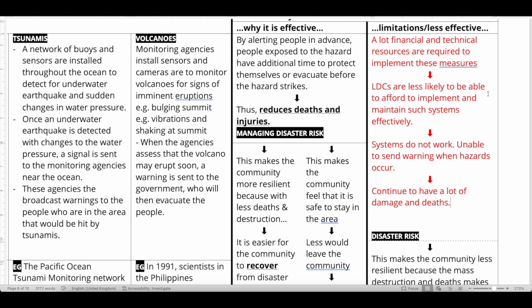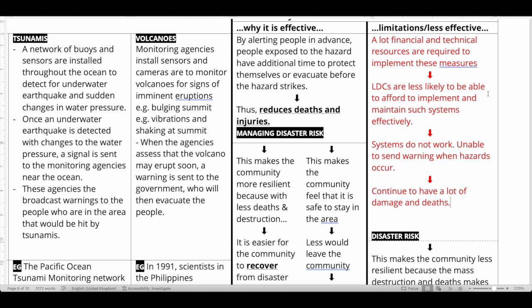Then I was seeing another article about, I forgot which LDC, where the telephone lines were spoiled. There were no resources to maintain the telephone line. So when the monitoring agencies saw that an earthquake was coming, they couldn't inform anyone.